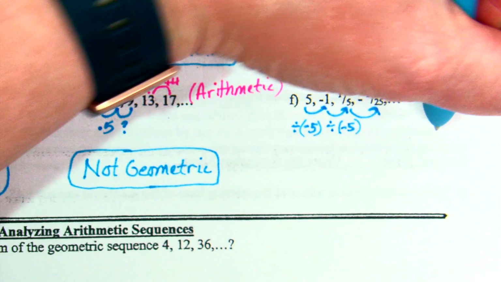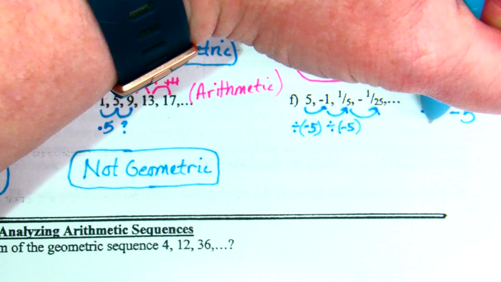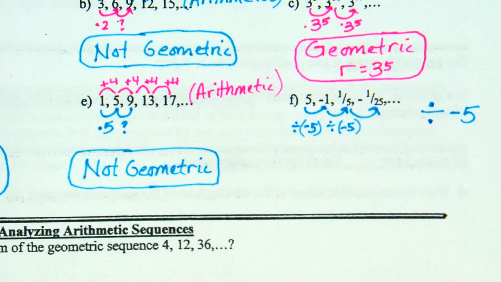If you went this way, you just said divided by negative 5. Okay, so that's enough to tell me, is this geometric? Yes, it is, because multiplication and division relate, yes? Kind of like addition and subtraction relate. So because they relate, I do know that this is geometric.